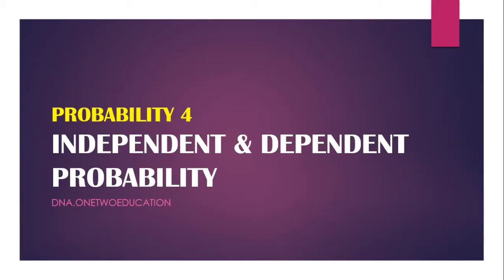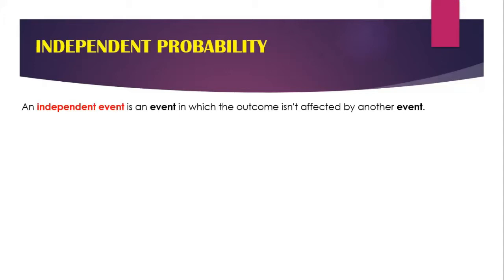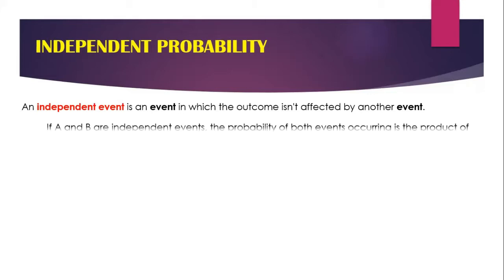Okay, students, directly go to the next topic. Independent probability. An independent event is an event in which the outcome is not affected by another event. If A and B are independent events, the probability of both events occurring is the product of the probabilities of the individual events.